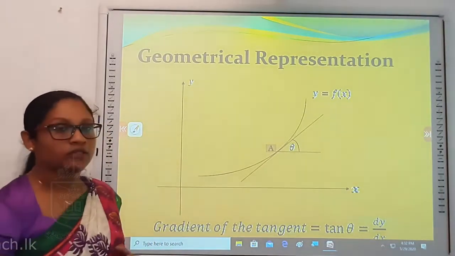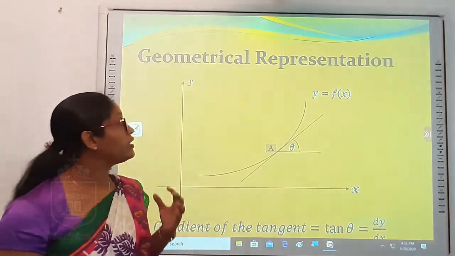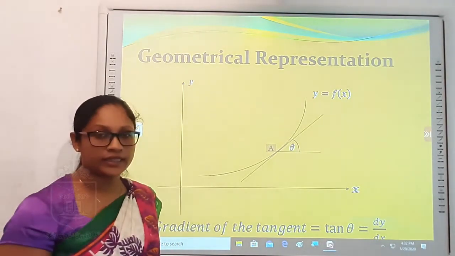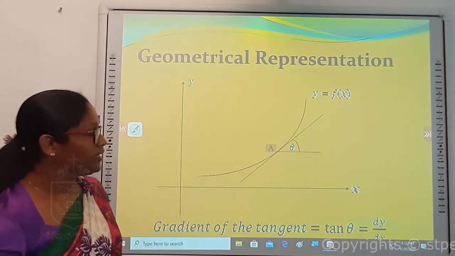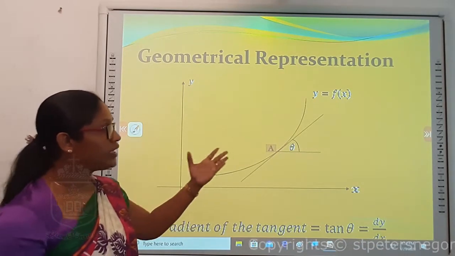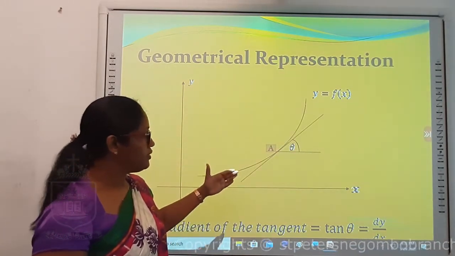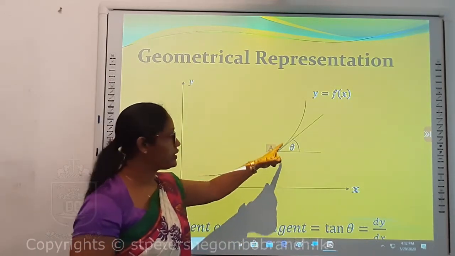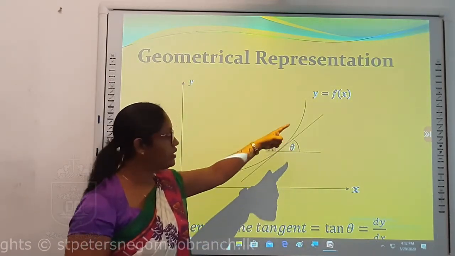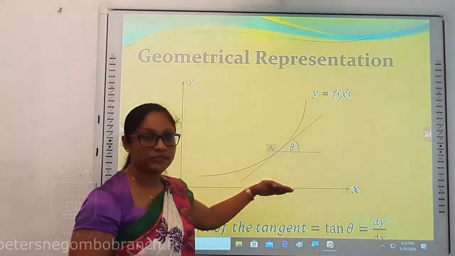Now, I already explained the geometrical representation earlier, but I just highlight it in this slide. I have drawn a curve called y equals f(x), and here you can see at point A a tangent has been marked, and theta is the angle between the tangent and the positive x-axis.